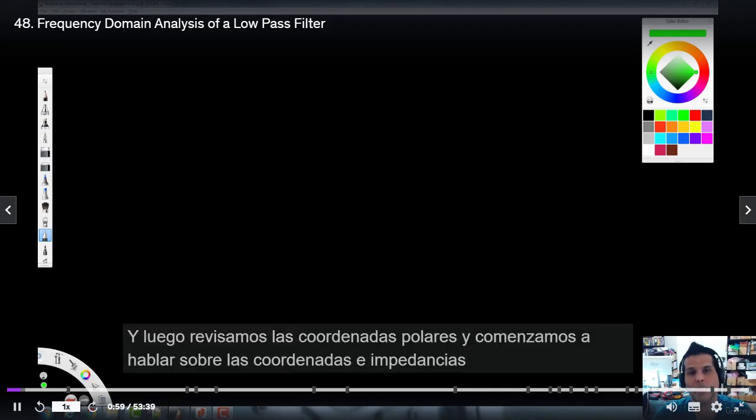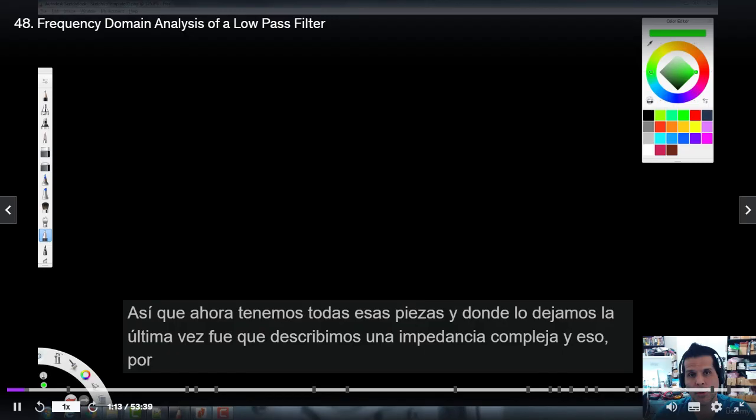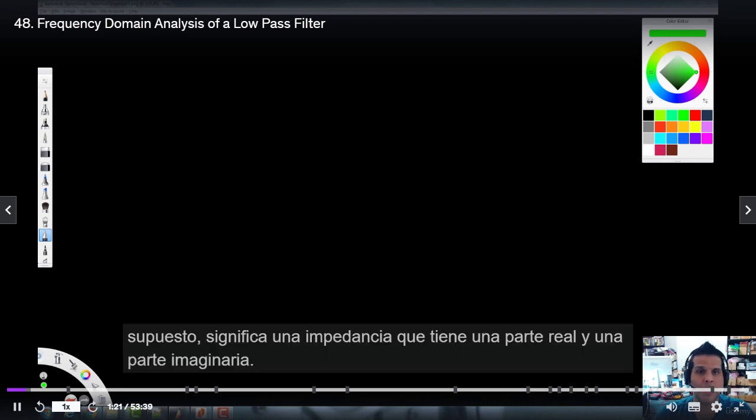All right, and then we went over polar coordinates, and we started talking about polar coordinates and impedances and how to describe the circuits in terms of capacitive and inductive reactance, all right? So now we have all those pieces, and where we left off last time was we had described complex impedance, and that of course means impedance that has both a real part and an imaginary part.